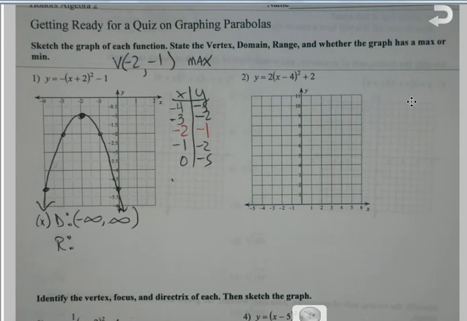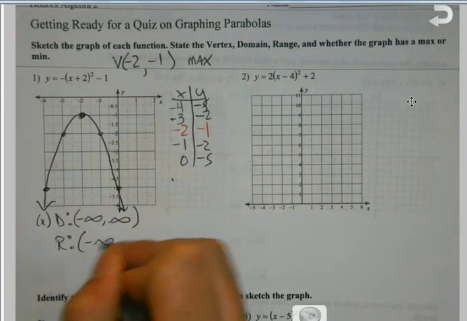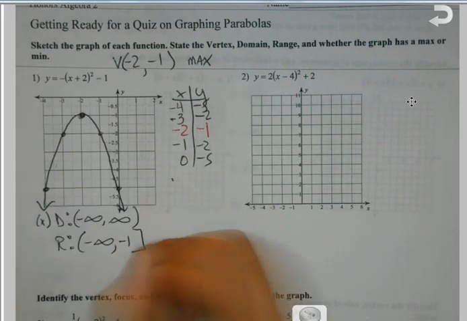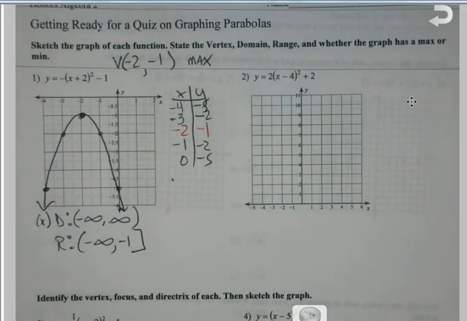The thing that'll change is your range. Like for instance here, where's the bottom value of my range going to be? -infinity. And then wherever that top point is, that's where it'll end. So it'll look like this when you're opening down with a parabola, but if you're opening up, the infinity would be at the end and be positive because there wouldn't be an upper limit to my range.